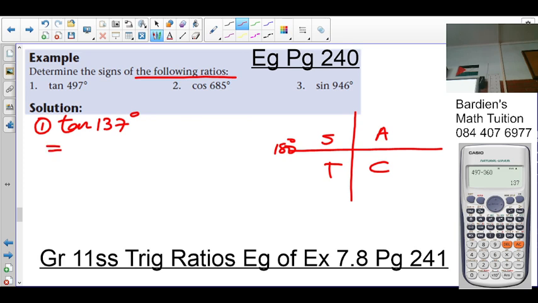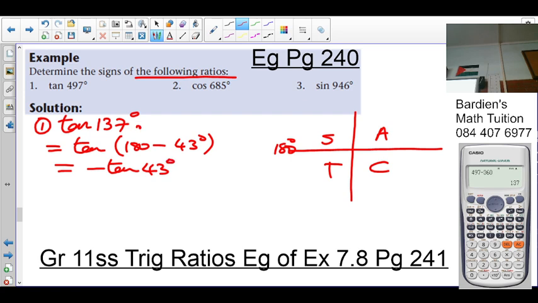Now we ask ourselves, in which quadrant is 137? Second. So we've got tan of 180 minus 43. So what will it become now? Negative tan 43. So at that point they just wanted to say it's going to be negative.